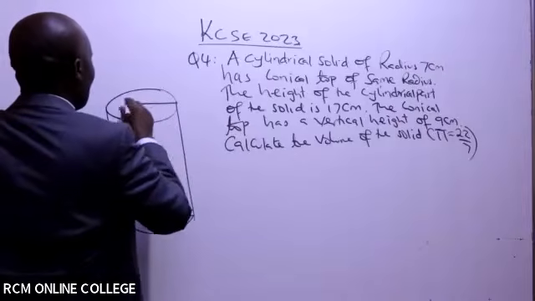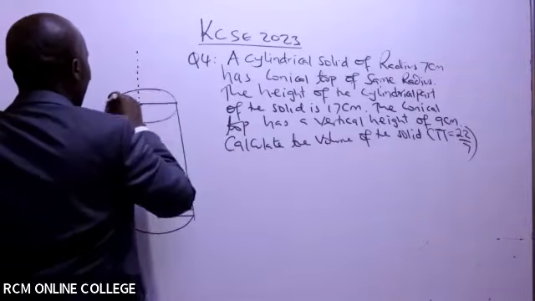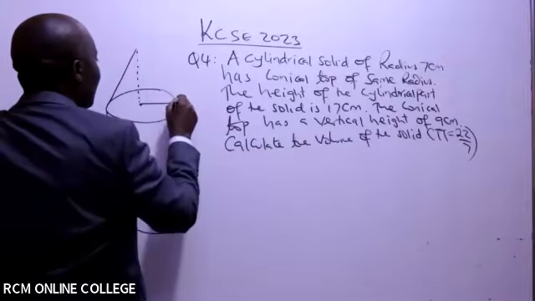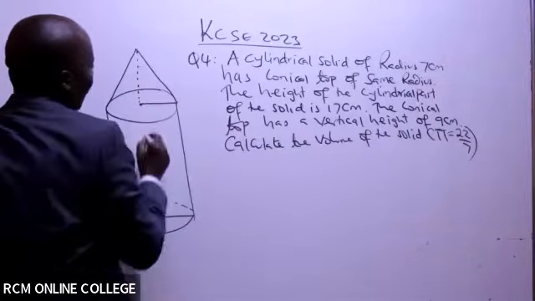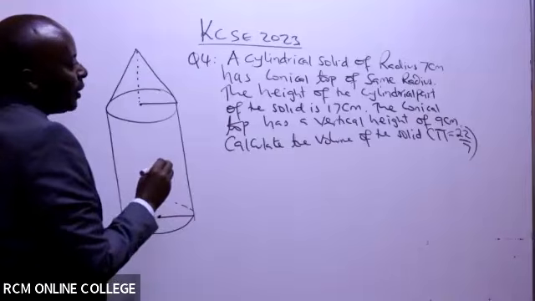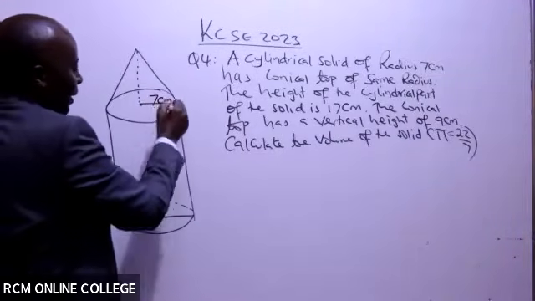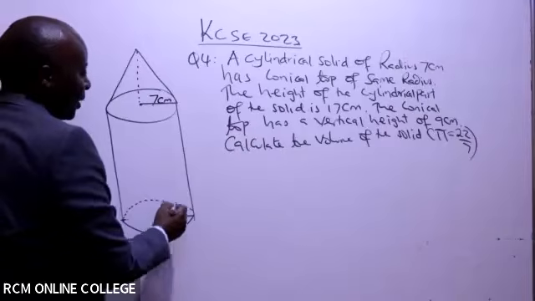All right, and then on top of this, ladies and gentlemen, we have something very interesting here. We have a cone that behaves like that. So they have given us the radius of the cylinder, 7 centimeters, the radius here, 7 centimeters.